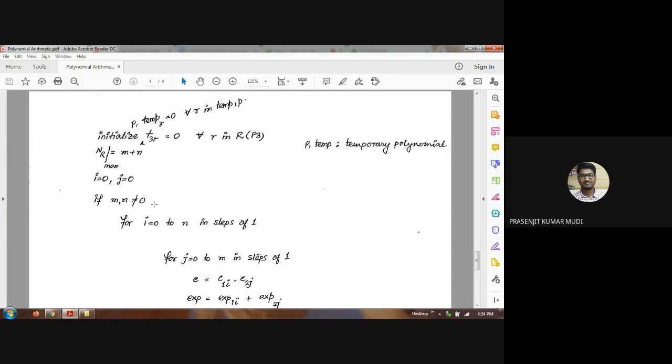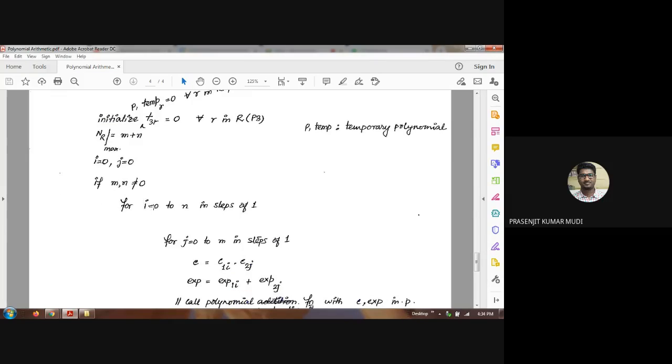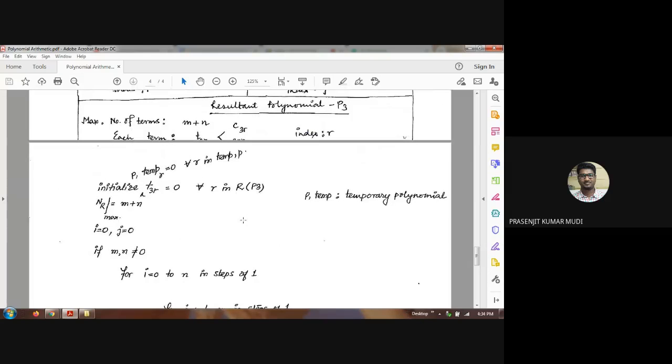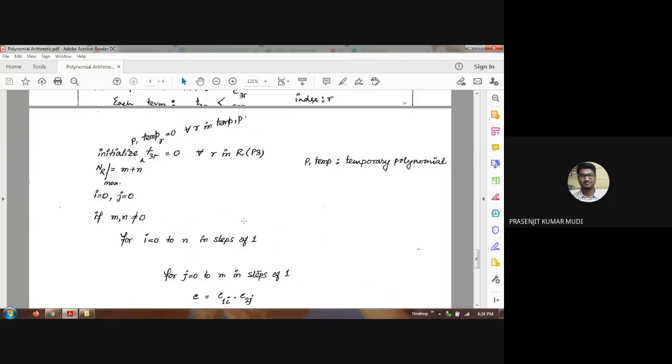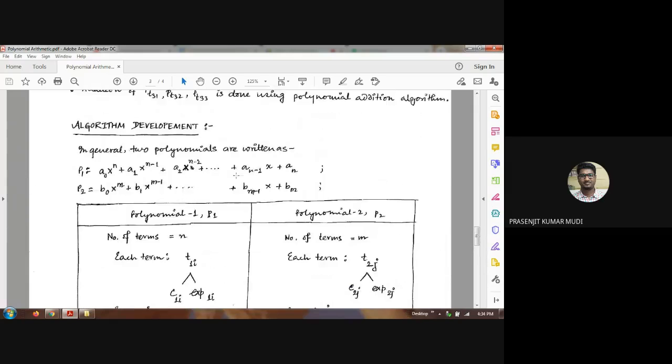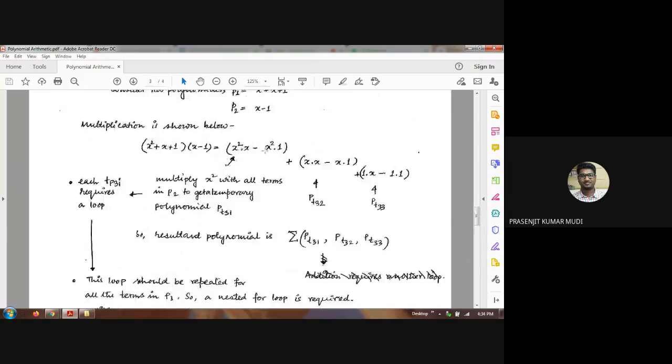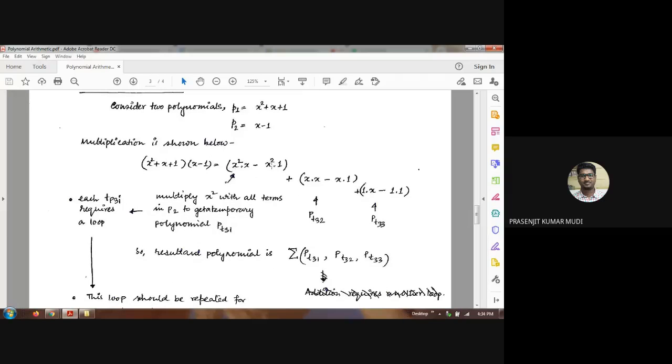Okay, so for I equal to 0 to n in steps of 1, to ensure this for loop is executed n plus 1 number of times, because starting with 0 and ending with n, a total of n plus 1 number of times, corresponding to n plus 1 number of terms in the first polynomial. ঠিক আছে, so n plus 1 number of temporary polynomials we will get.